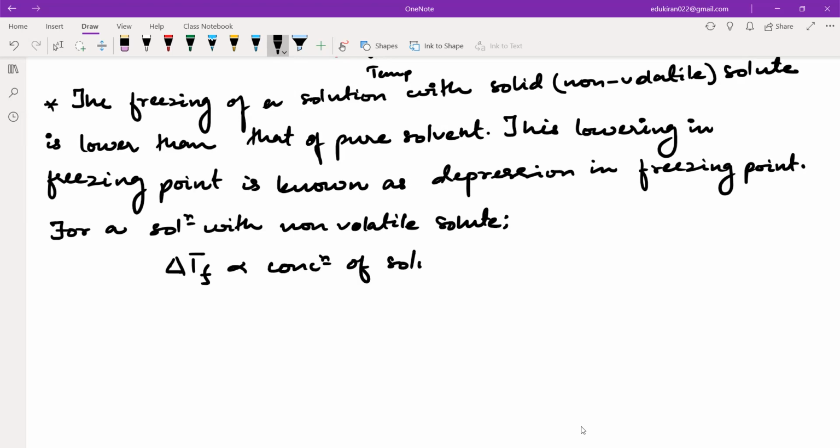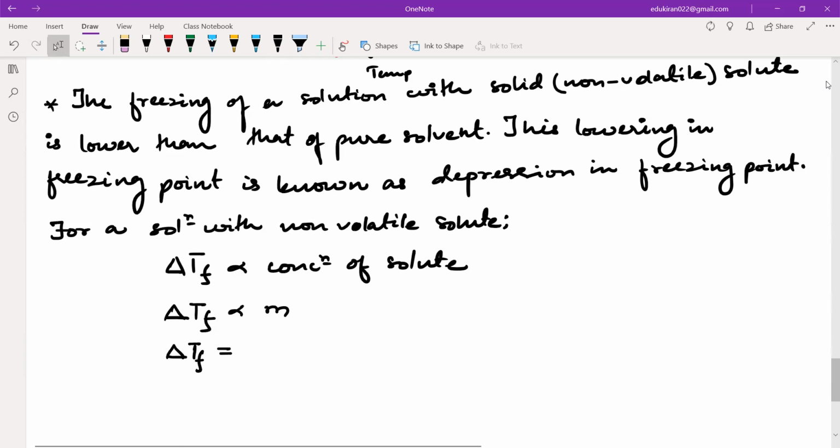That means if I add more and more solute, the freezing point will get lower and lower, and the depression in freezing point will be higher. And the concentration term that directly depends on this is molality. Similarly here, delta TF is equal to KF into m, that is molality.